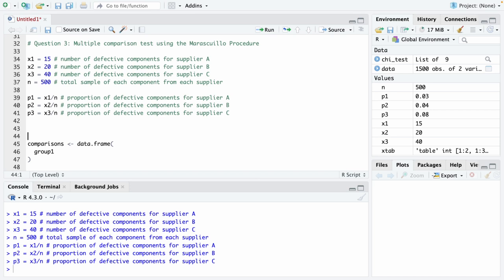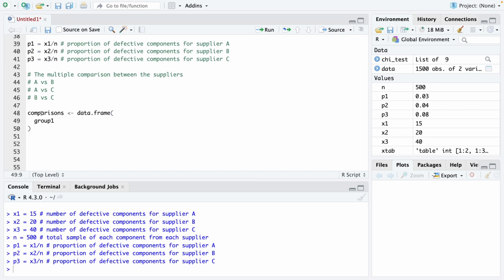The comparisons we're doing are A versus B, so we're comparing supplier A against B, then A versus C, and then B versus C. That's the comparisons between the suppliers.